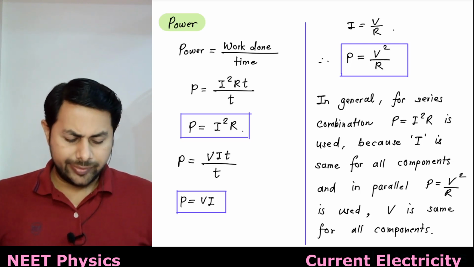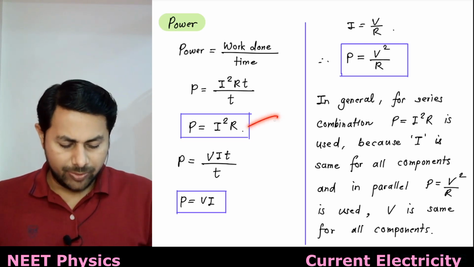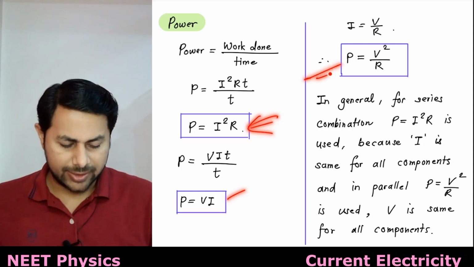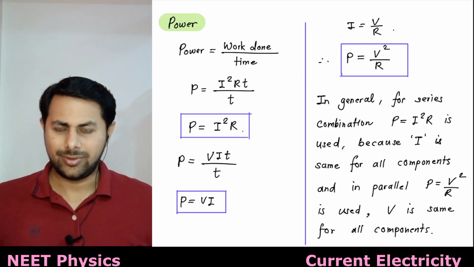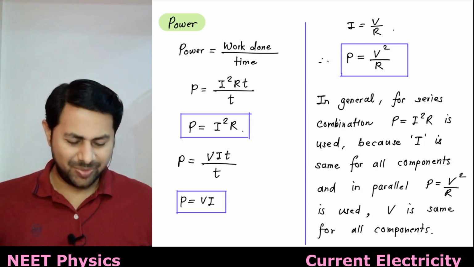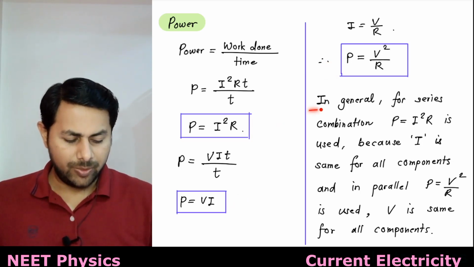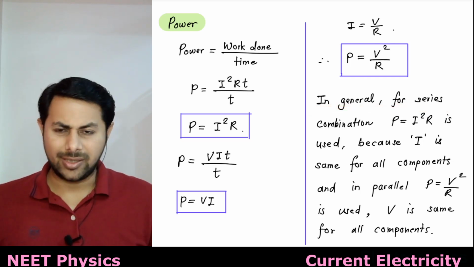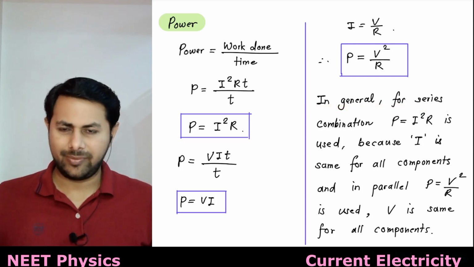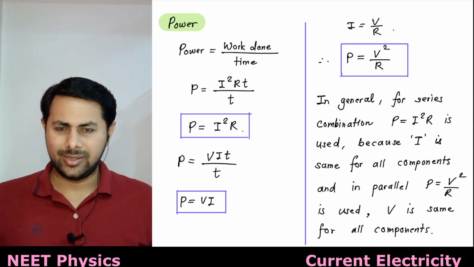Now you need to remember all of these formulas, because in different scenarios different formulas would be used. For example, if you have a series combination, then current in the series is the same for all components, that is all resistances or whatever you connect in series.